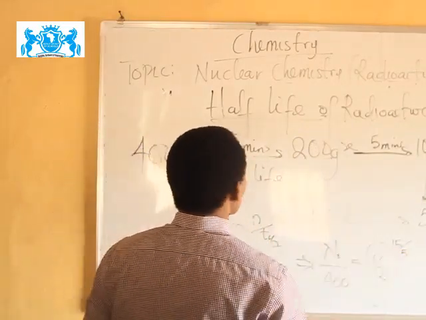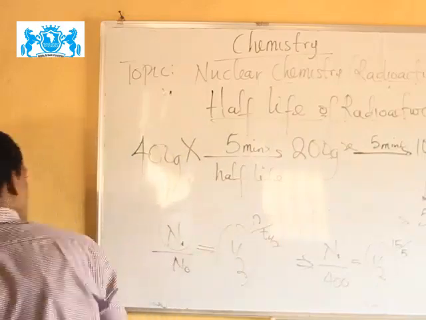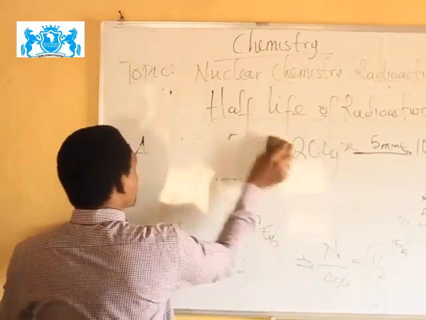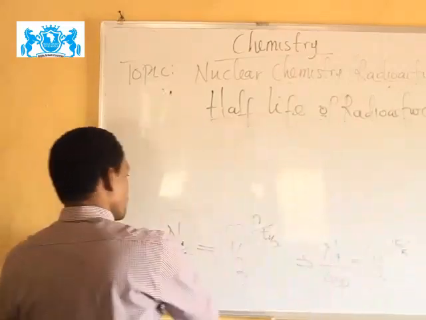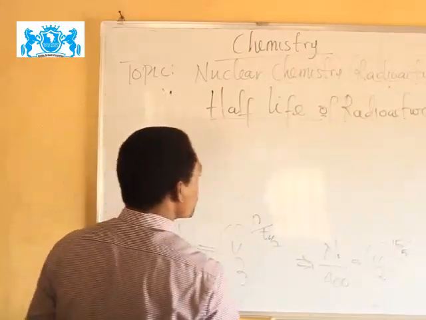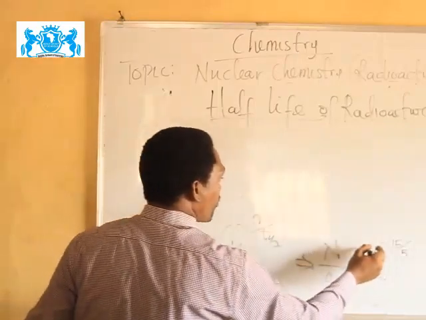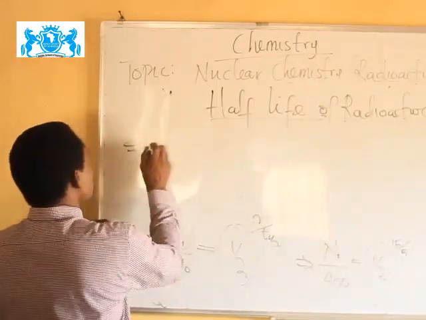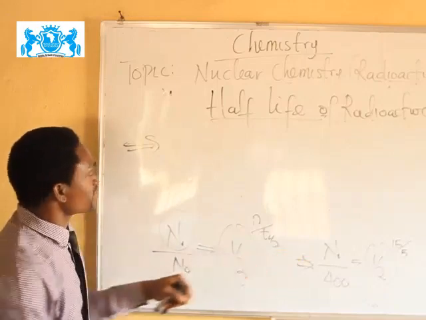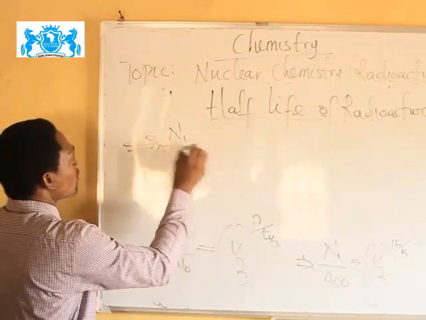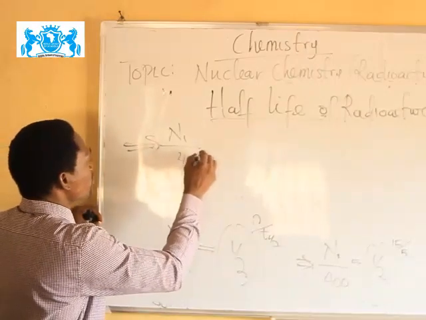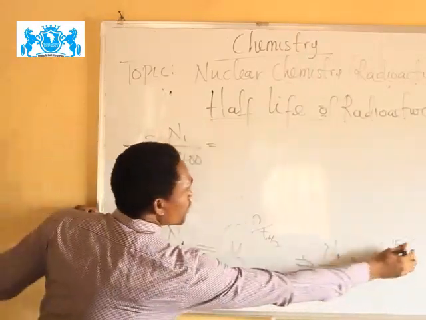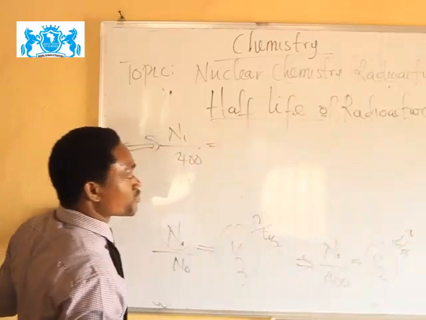That is another way to resolve this in some complicated cases. So N, the new mass, over 400 will be equal to 1 over 2 raised to the power of 3.